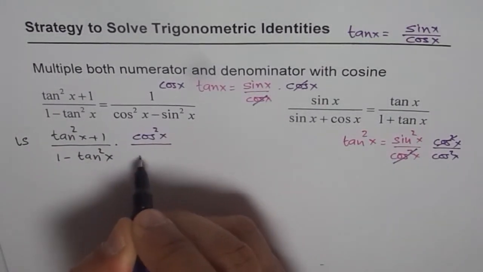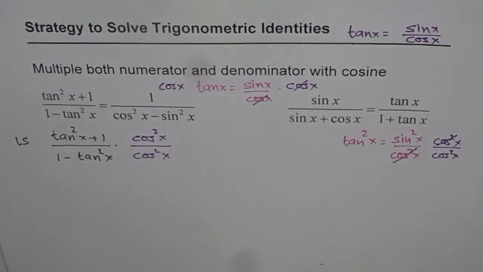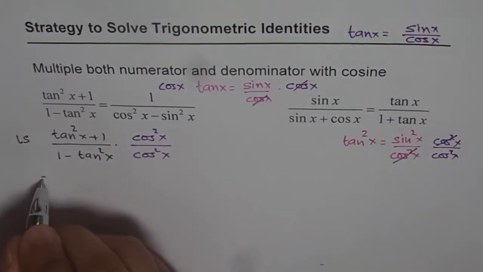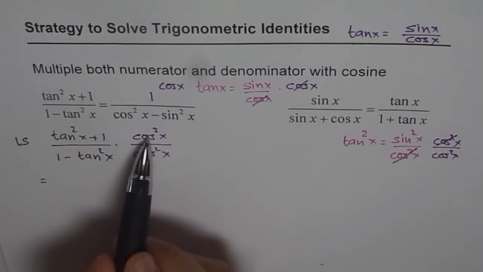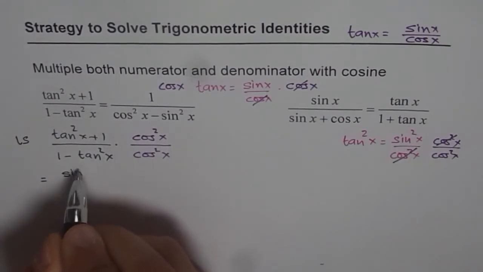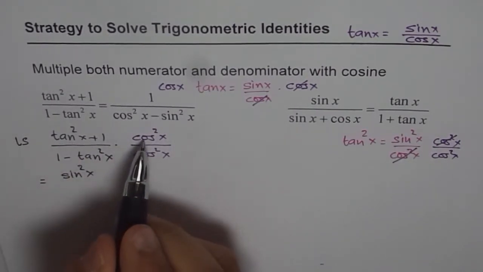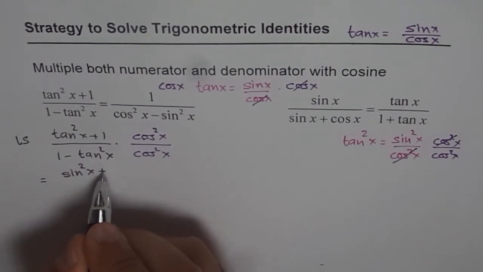In this particular case, it is a really effective strategy. When I multiply tan square x with cos square x, as you have seen, you get sine square x. So in the numerator I get sine square x, and multiplying 1 with cos square x, I get plus cos square x.